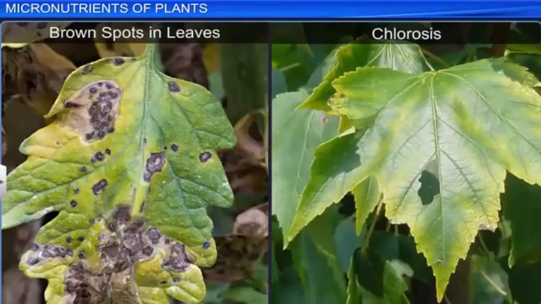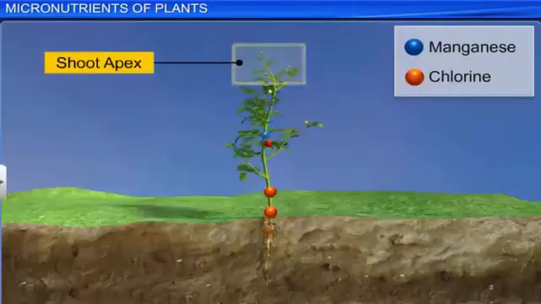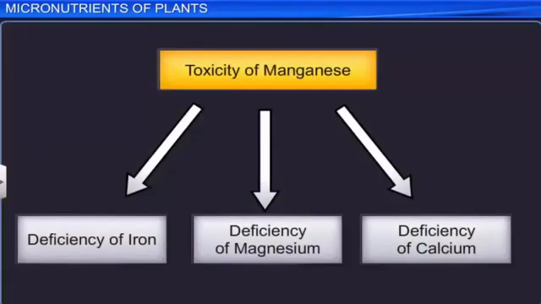Manganese toxicity results in brown spots in leaves and chlorosis. Excess manganese in plants checks the flow of chlorine to the shoot apex. That is why manganese in toxic concentrations leads to deficiency of iron, magnesium, and calcium.